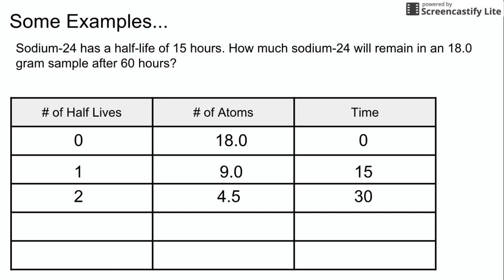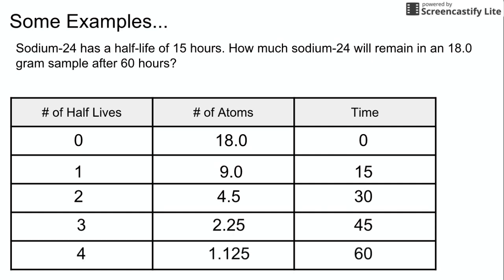9 divided by 2 is 4.5. Now we add another half-life, so 30 plus 15 is 45, and it has been 3 half-lives. 4.5 divided by 2 is 2.25.